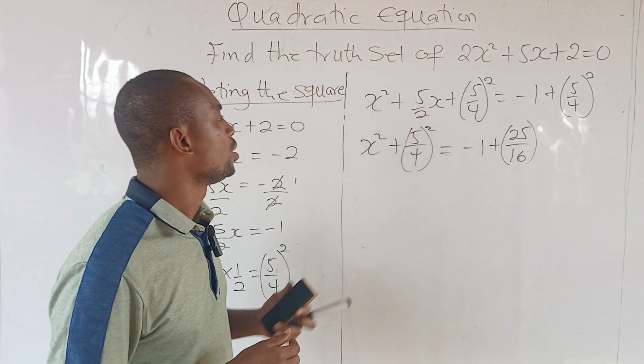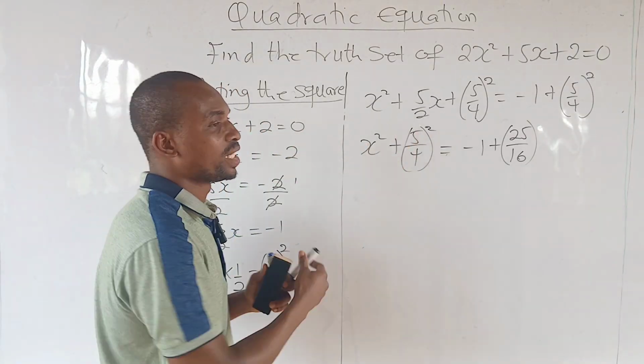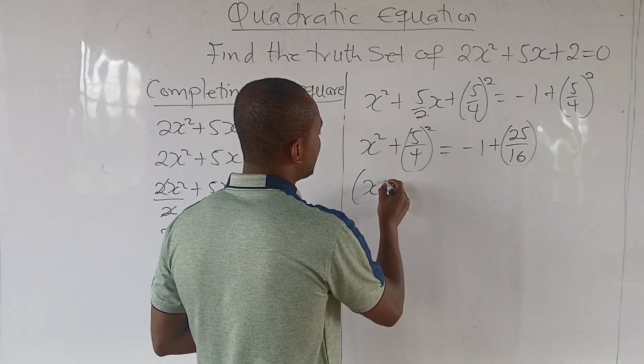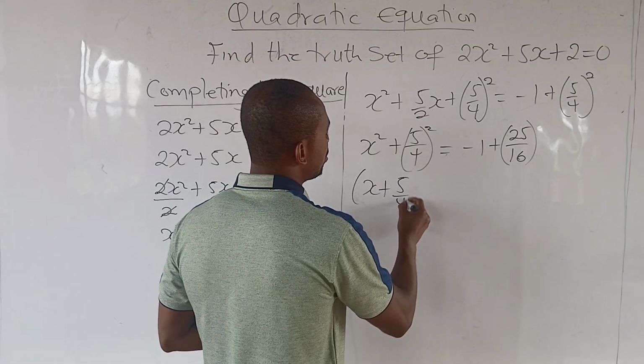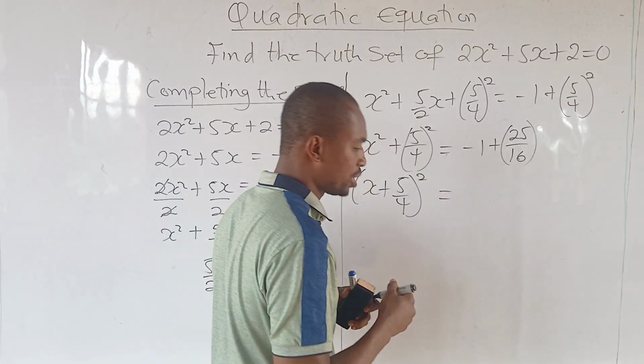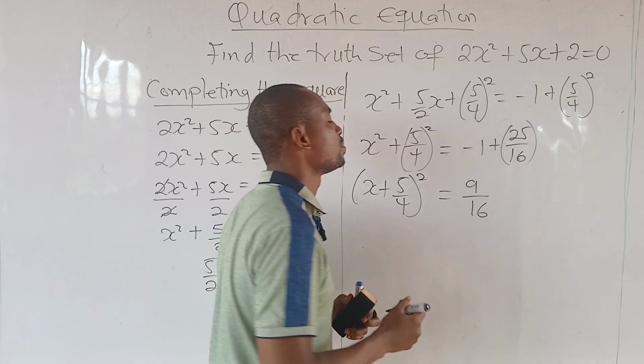So here you put these squares into one bracket and solve for the right hand side. So you are going to get x plus 5 on 4 all squared will be equal to, so when you solve this fraction, you are going to get 9 on 16.